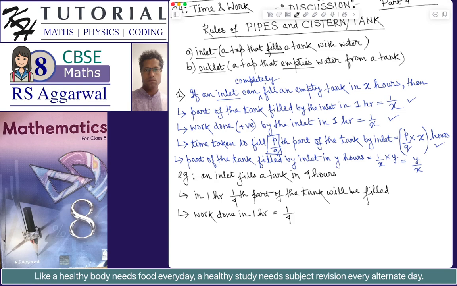So in 1 hour, the part of the tank being filled by water is equal to the work done in 1 hour by an inlet tap. So whenever you see that the work done in 1 hour is equal to 1 by 4, it means that 1/4 part of a tank is being filled in 1 hour. Okay. Now let's say time taken.